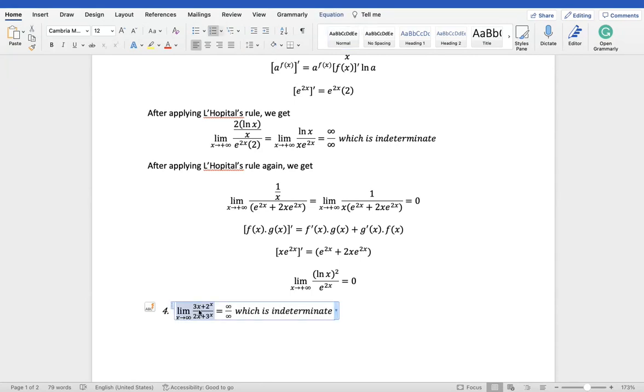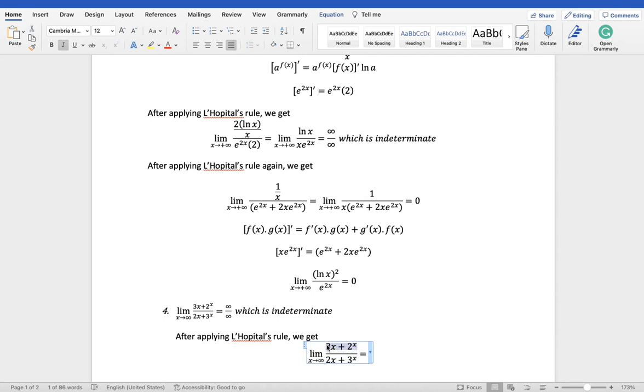So now let's copy this and apply L'Hopital's rule. So after applying L'Hopital's rule, we get, what's the derivative of the numerator here? I want you guys to attempt it, just so it's good practice for you.